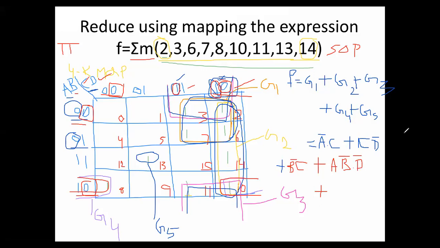What is group 5? This only one. What is the combination here? AB combination is 1 1. So A is 1, so A; B is 1, so B. What about CD?